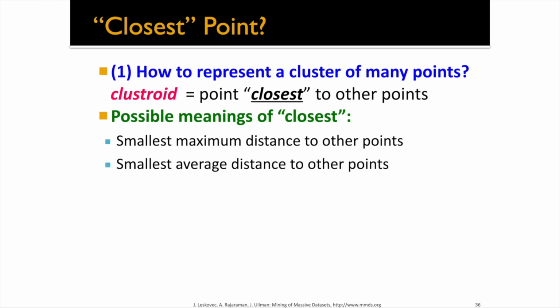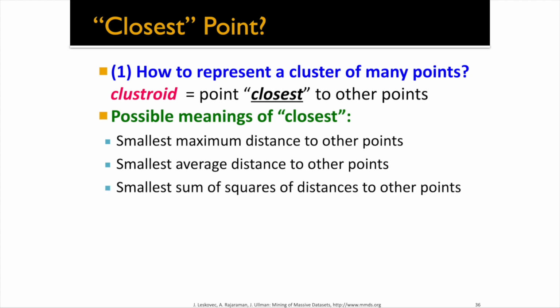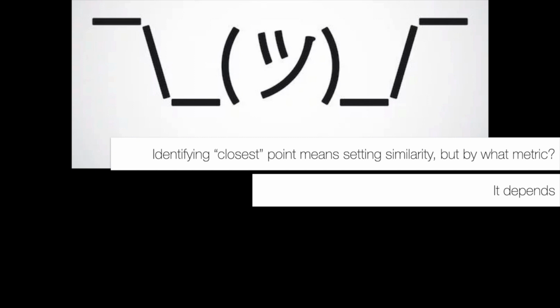No individual point should be very far away from the clustroid. Or alternatively, you could say the overall average distance among all other points in the cluster to the clustroid should be low. Or you can do the sum of squares or some other weighting mechanic, but critically, you need to define what you want to use as your closest metric, based on your context. So again, what is the appropriate way to do this?